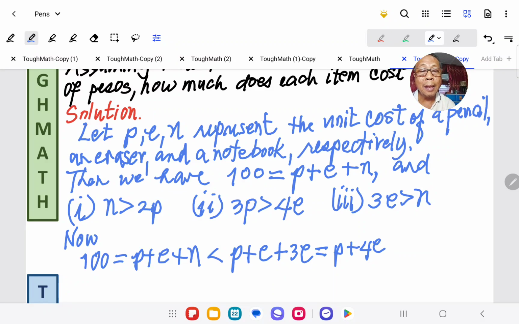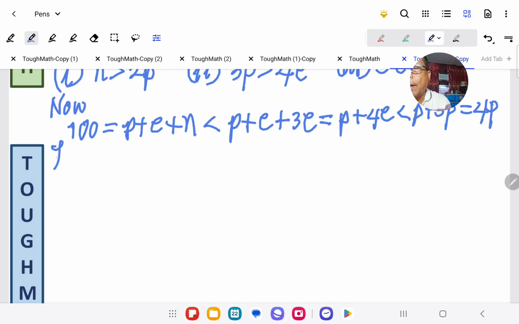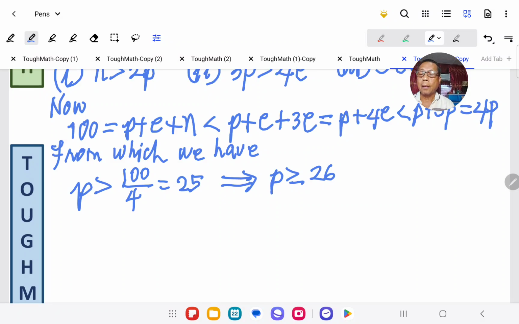But 4E is less than 3P, so this is less than P plus 3P, which is equal to 4P, from which we obtain P is greater than 100 over 4, which is 25. Therefore, P is at least 26.